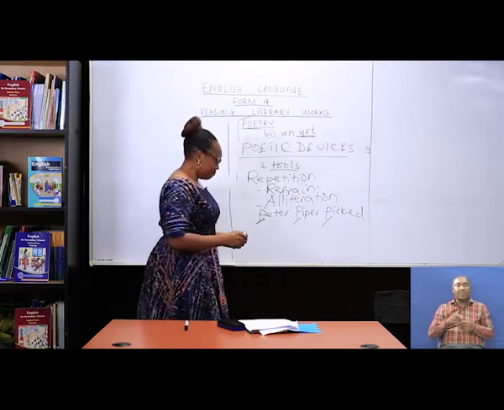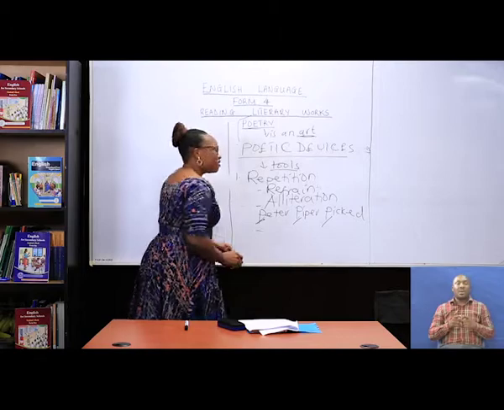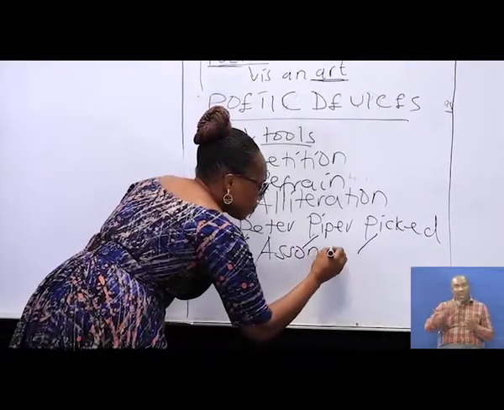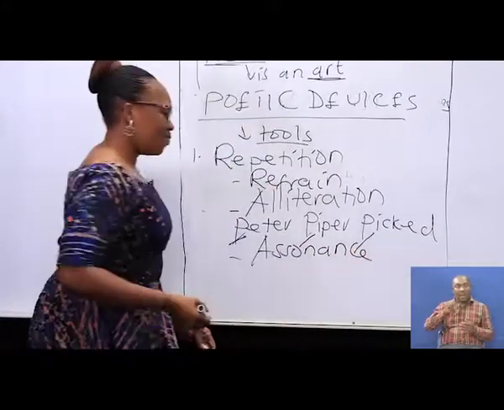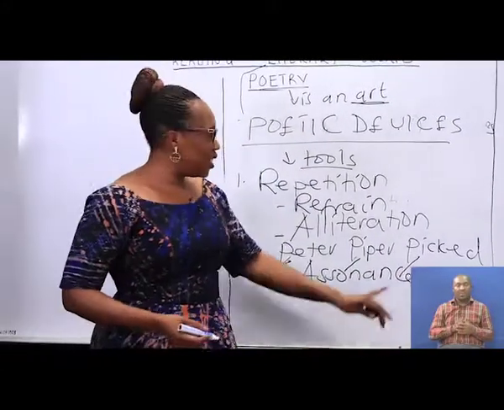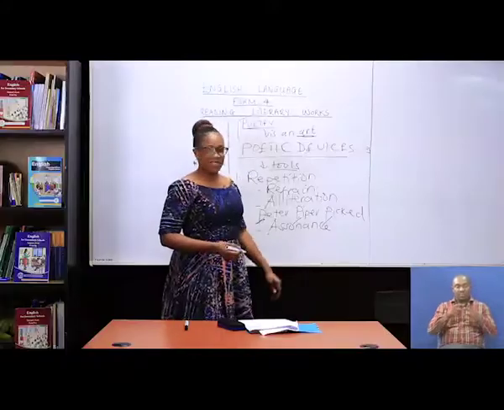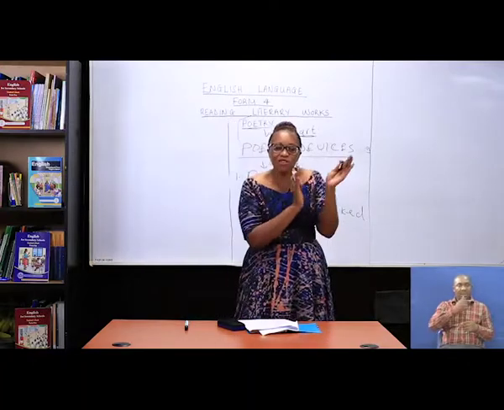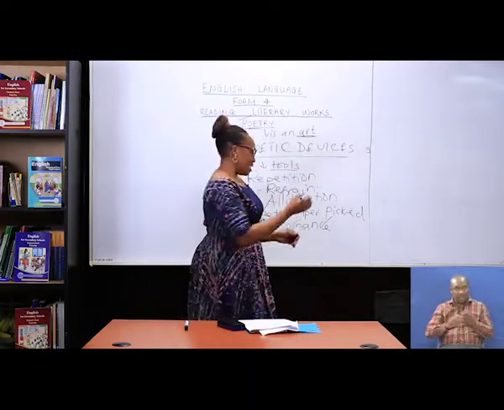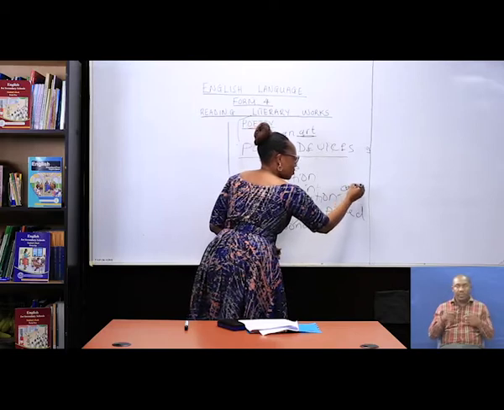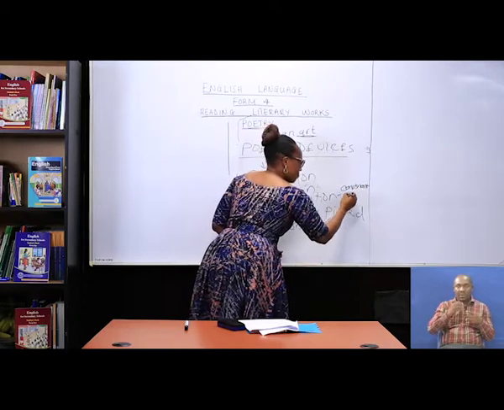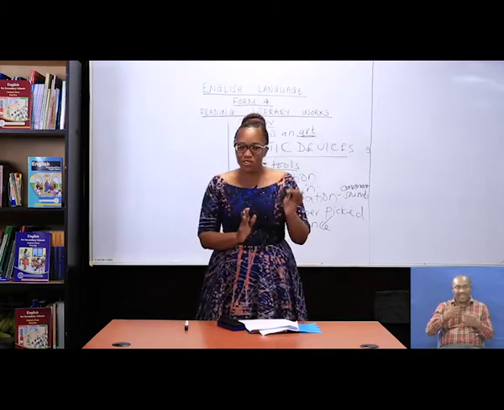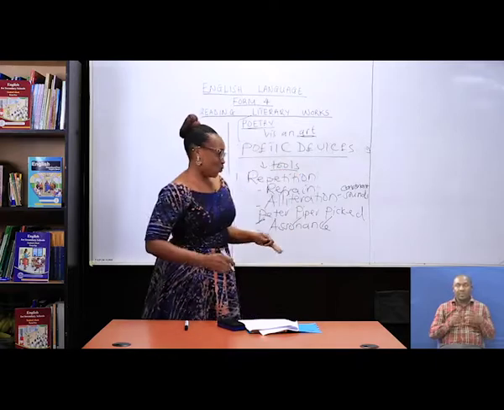And then we have another repetition that is assonance. There is a difference between alliteration and assonance. When you look at alliteration, it deals with repetition of consonant sounds. Here we say consonant sounds. You are big. You know what are consonant sounds and what are not consonant sounds.